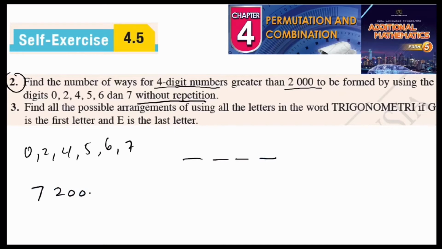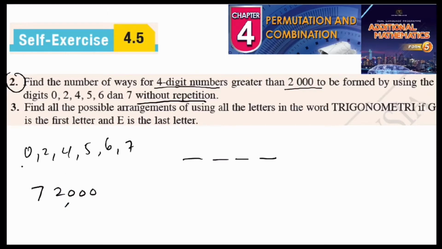So the condition is the number that we form from the digits 0, 2, 4, 5, 6, 7 must be greater than 2000. So that is the first condition, 4 digits greater than 2000. So let's ask ourselves, can we start with 0? We don't have a 4-digit number which starts with 0.